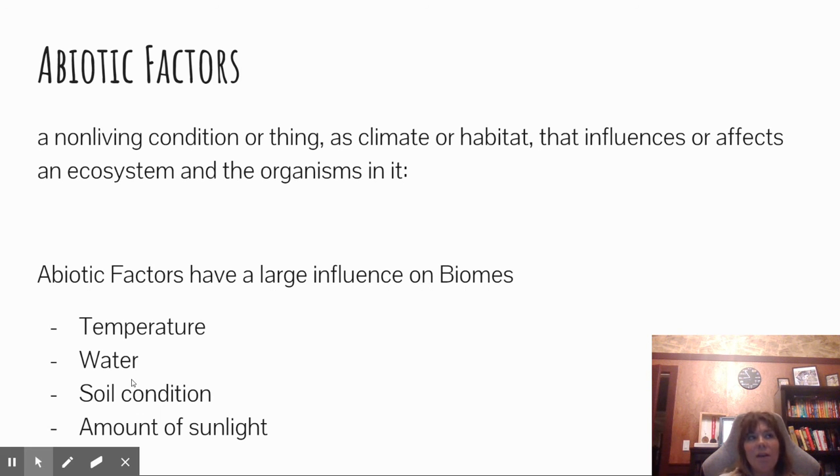The more sunlight you have and the more rain that falls, the more plants you have. The more plants you have, the better living conditions or variety of living conditions you have for animals. So you're going to have more animals in a place like a rainforest than in a desert because the temperature, the amount of water, the type of soil, and the amount of sunlight vary in each. That's how we can tell the difference between biomes: climate versus temperature.